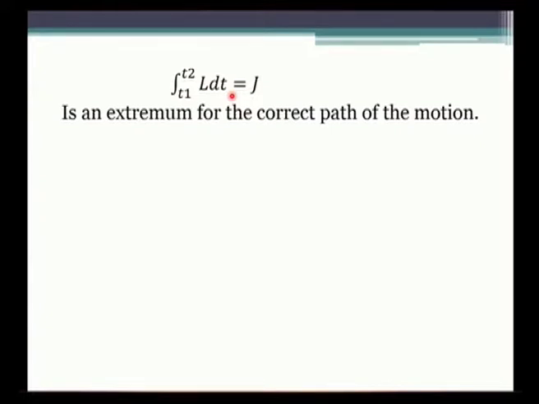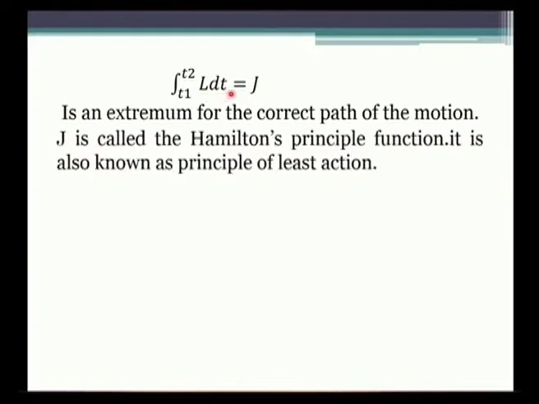This is the alternate way of stating Hamilton's principle. Here the Lagrangian is taken into account and J is called the Hamilton's principle function. It is also known as principle of least action. So, Hamilton's principle is nothing but principle of least action.